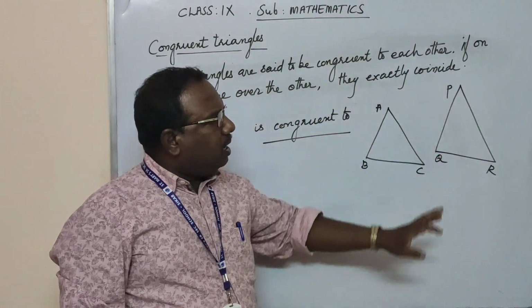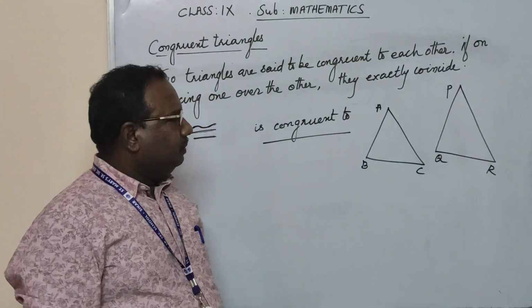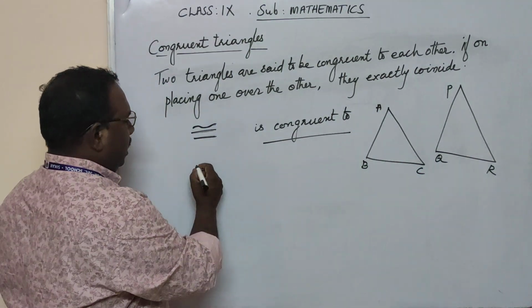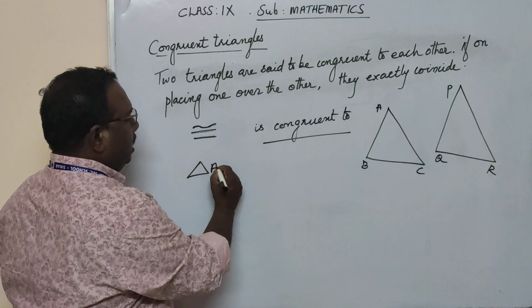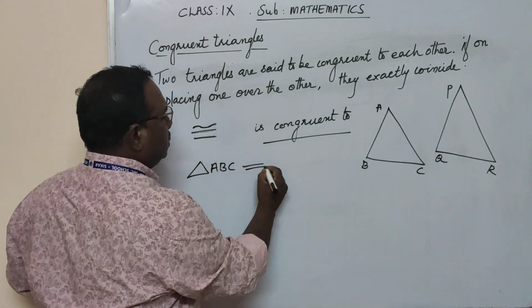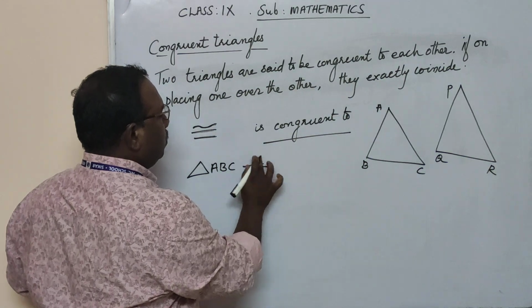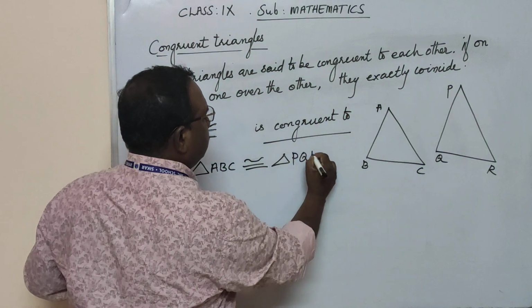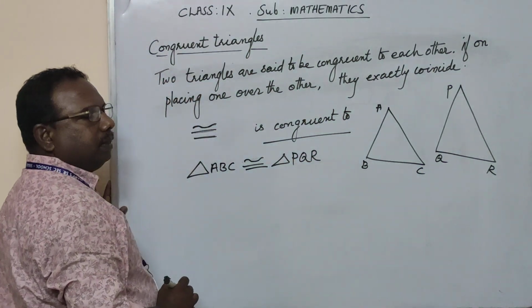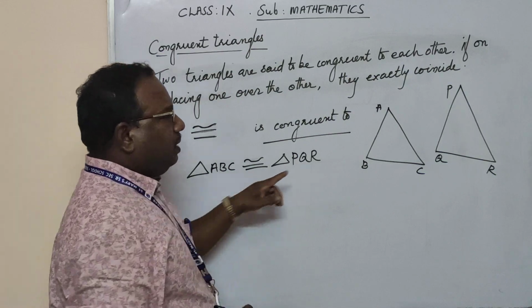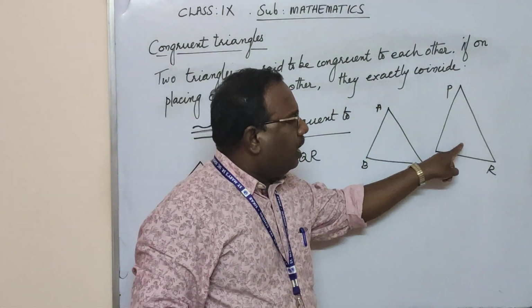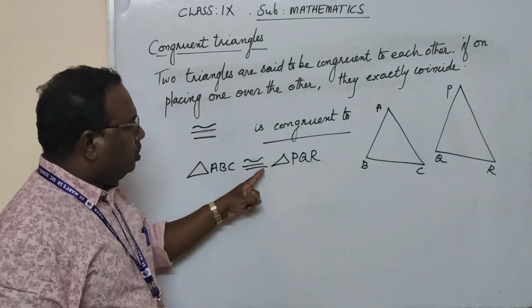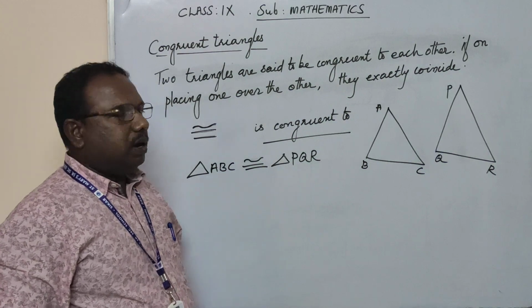If these two triangles are congruent, we can write triangle ABC is congruent to triangle PQR.